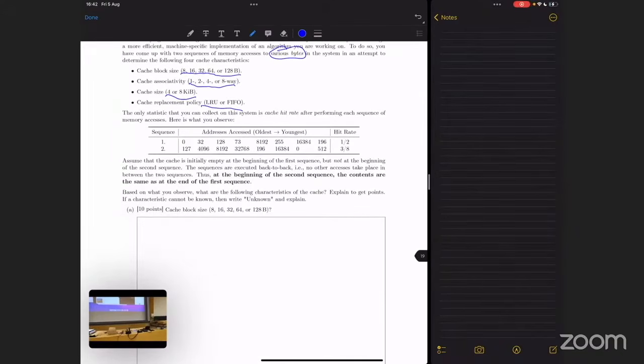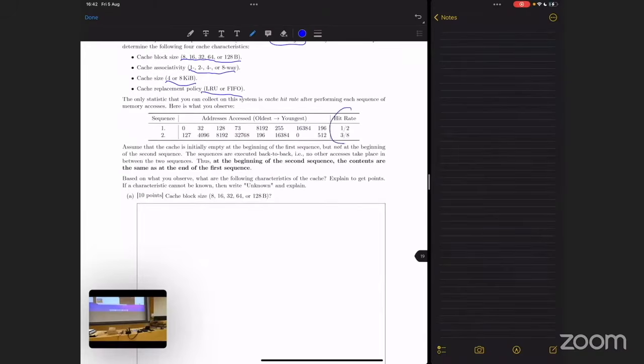The only statistics we can get is the hit rate with 2 access sequences, and both of them have 8 different addresses accessed. The first sequence has a hit rate of 1/2, so we have 4 hits. For the second sequence, 3/8, so we have 3 hits.